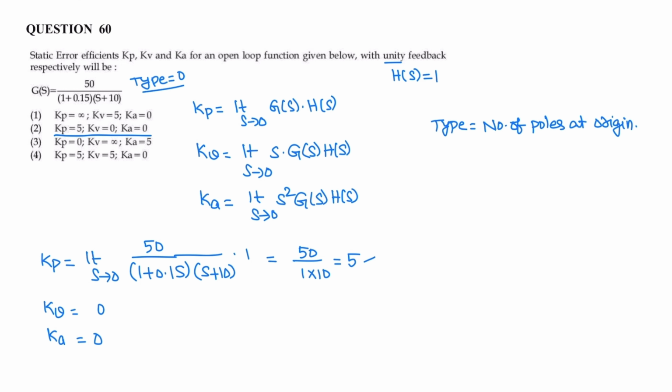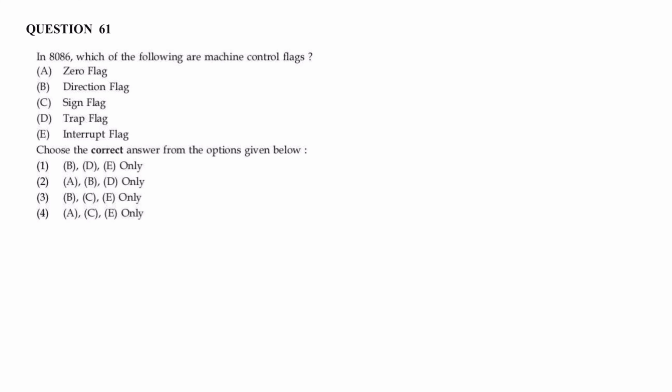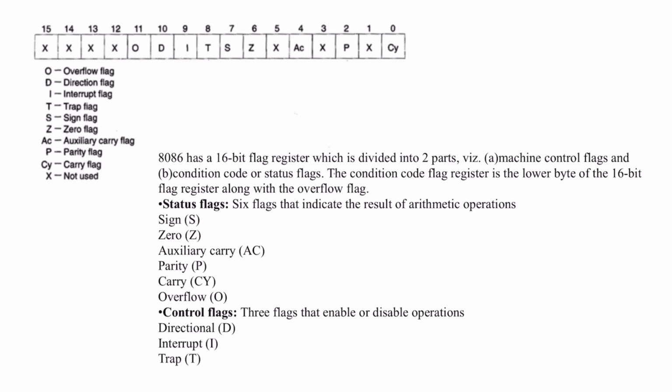Next question. In the 8086 microprocessor, what are the machine control flags? Let us see the flag register of the 8086 microprocessor. The 8086 microprocessor consists of a 16-bit flag register which is divided into two parts, machine control flags and condition code flags or status flags.